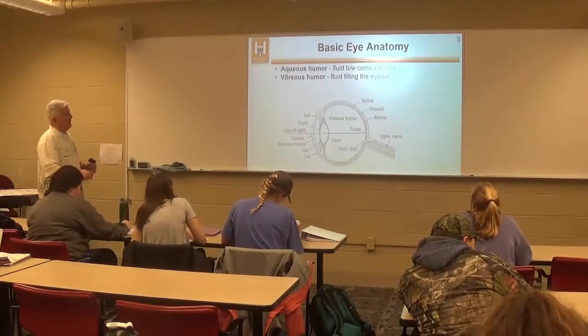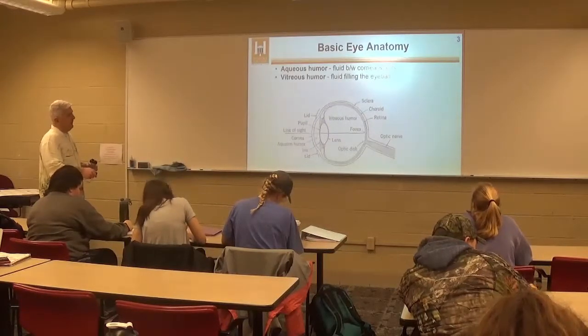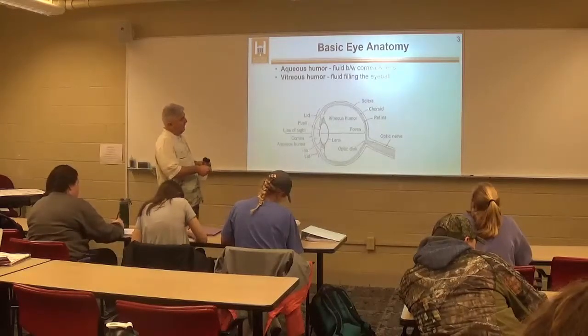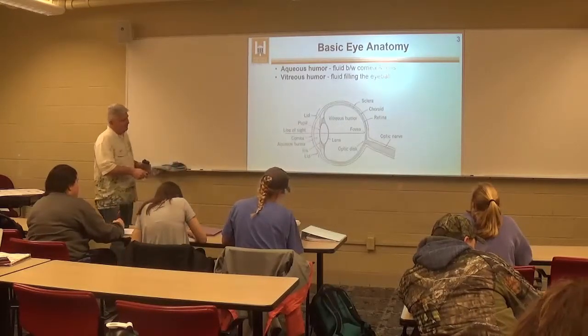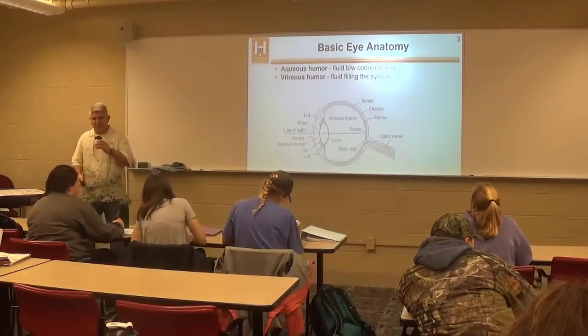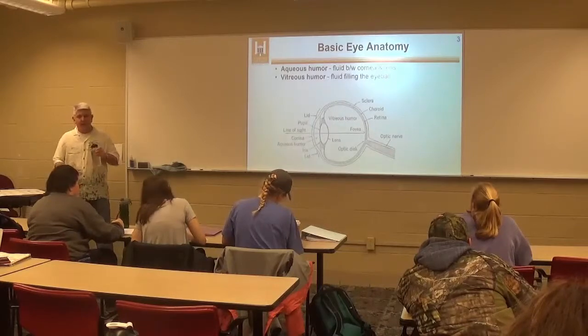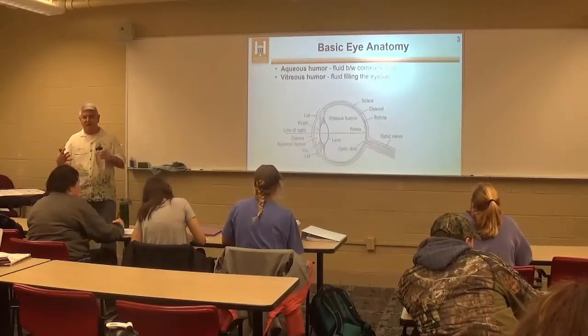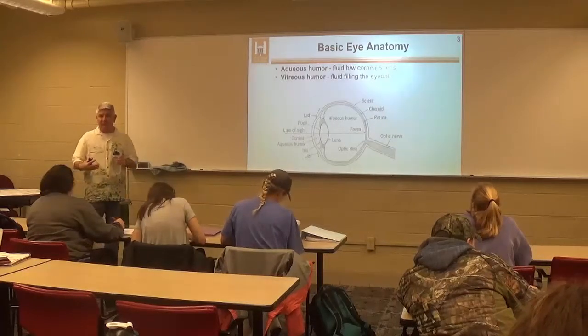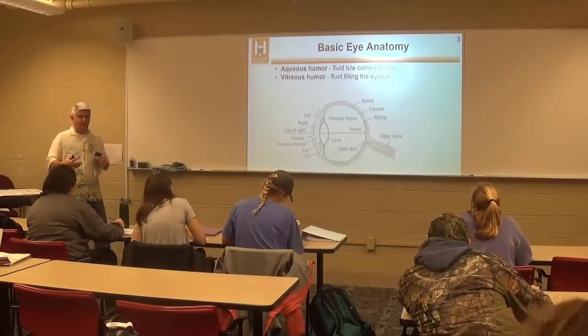In between the cornea and the lens is fluid called aqueous humor. And in between the lens and the inside of the eyeball is what we call vitreous humor. Two different types of hopefully clear fluid, because if it becomes cloudy, then it's going to interfere with the light waves, right? So clear fluid in there.